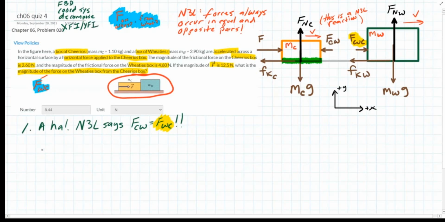Here goes number 2. I guess I'm going to start on the Wheaties, look at the Wheaties box because that's where my dollar sign lives.